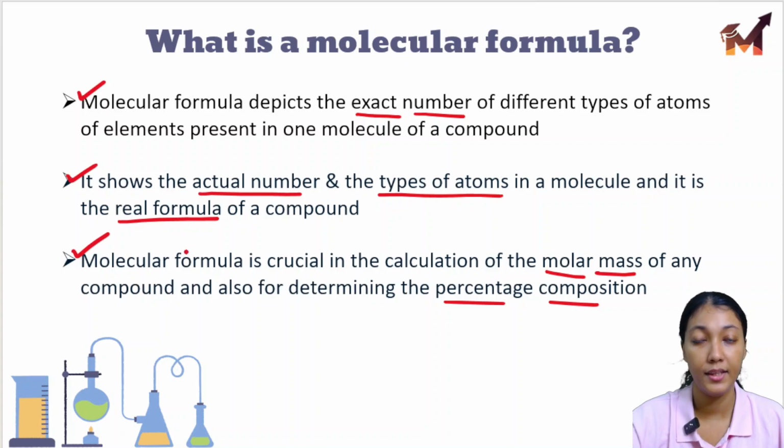We absolutely need the molecular formula to know about the compound we are dealing with, because without it we will not know how many atoms are in that molecule and which elements are present. So molecular formula is the real formula of a compound and it is used for the calculation of molar mass and also to determine the percentage composition.